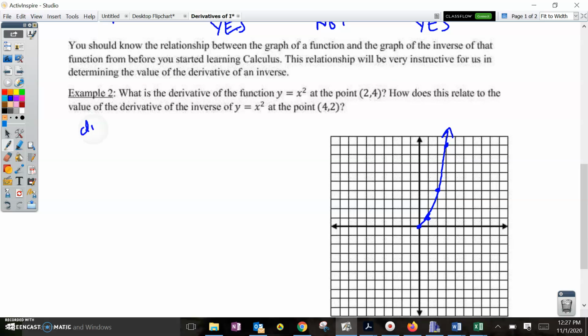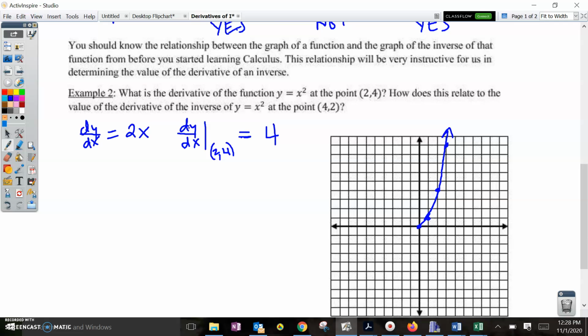Now we know that the derivative for y equals x squared is 2x. And therefore, at the point 2, 4, we can just substitute 2 in there for x, and the value of the derivative is 4.